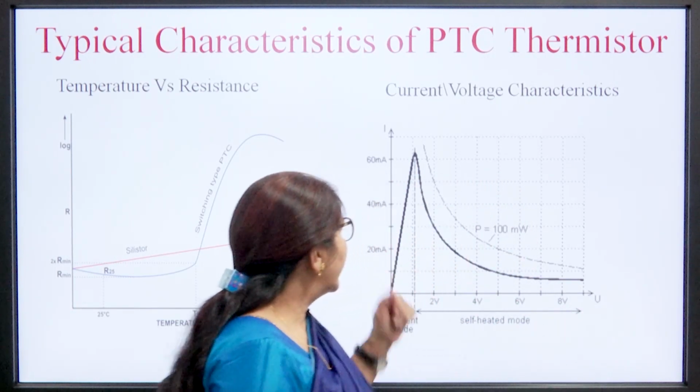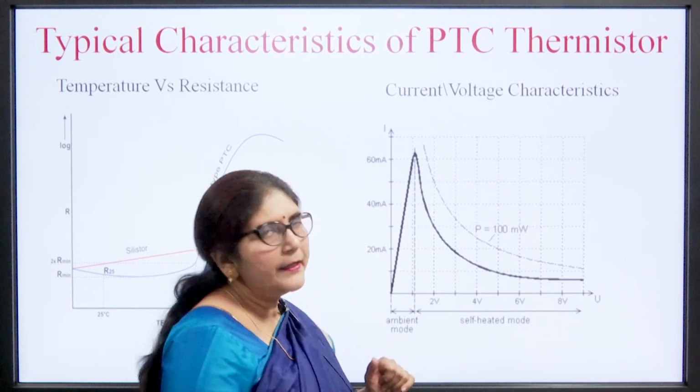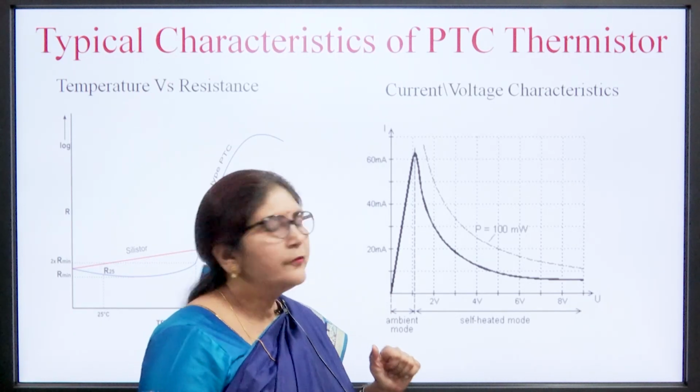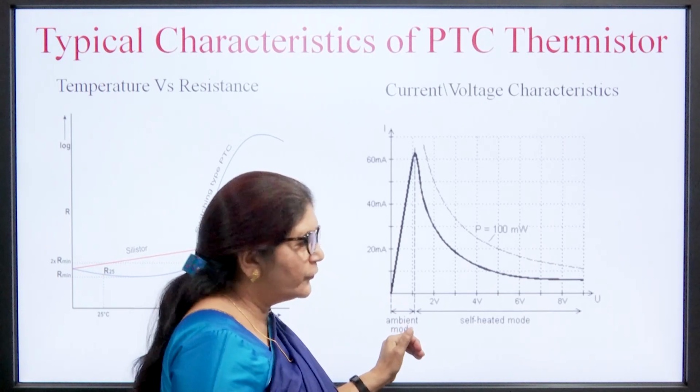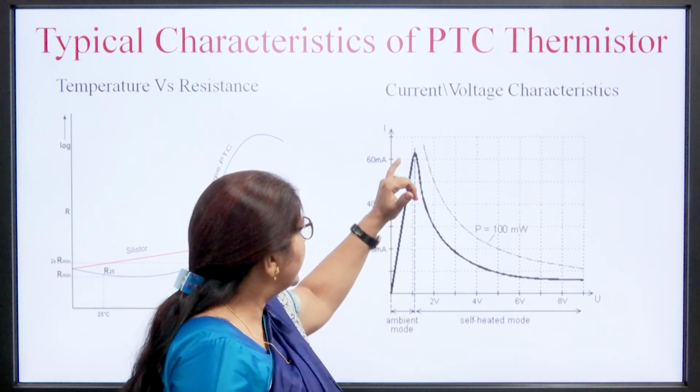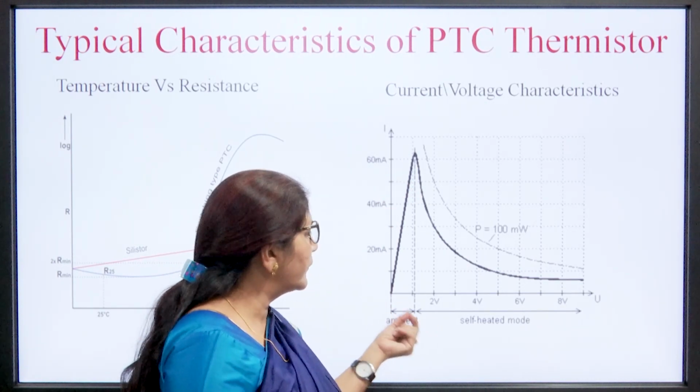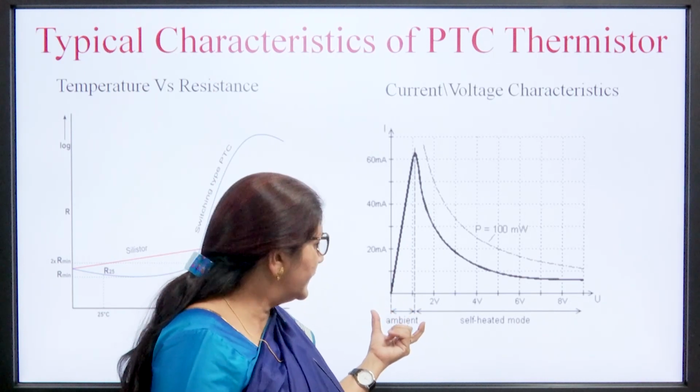Then we can see the second diagram, the current voltage characteristic. In the current voltage characteristic, up to the ambient temperature, when the current increases, the voltage drop across the thermistor also increases.